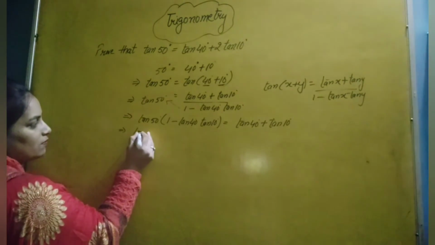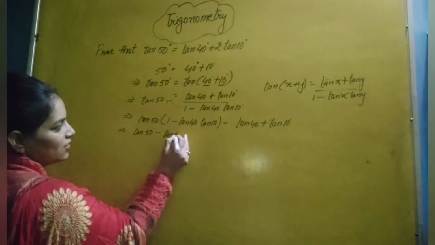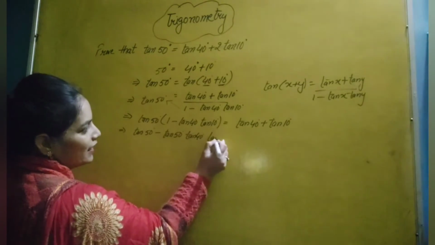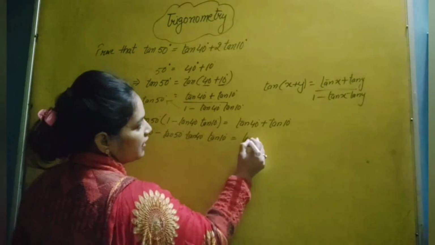Open the bracket: tangent 50 degree minus tangent 50 tangent 40 into tangent 10. Right hand side is same, tangent 40 plus tangent 10.